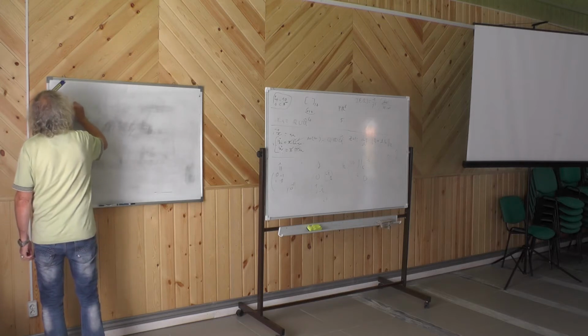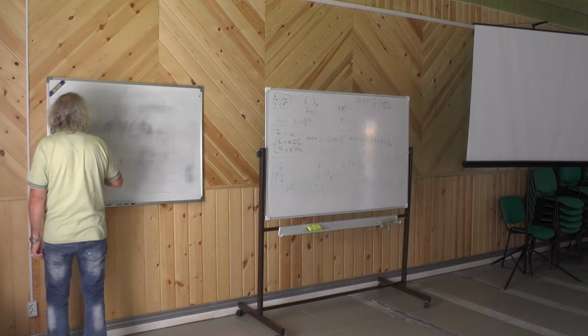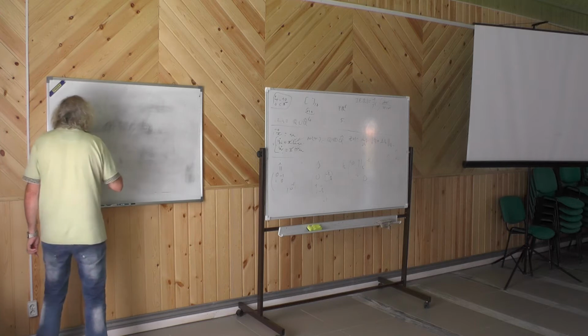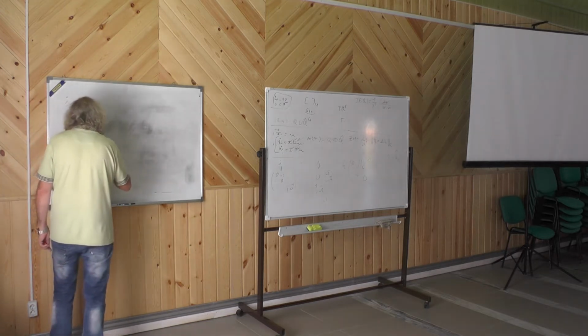So you have y1 dot, y2 dot, y3 dot, y4 dot, and y5 dot, and of course w dot, the last one. You can manage the thing in such a way that it is this.